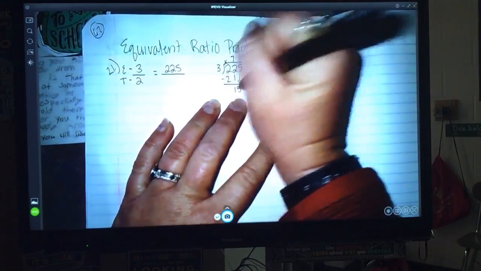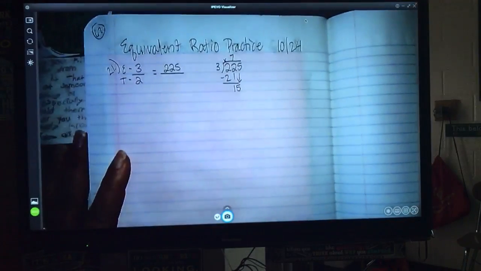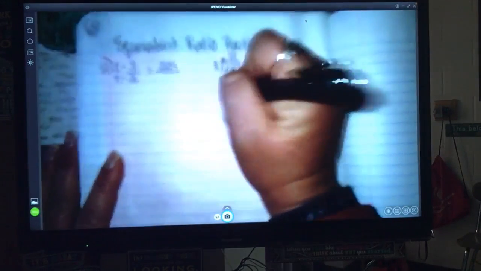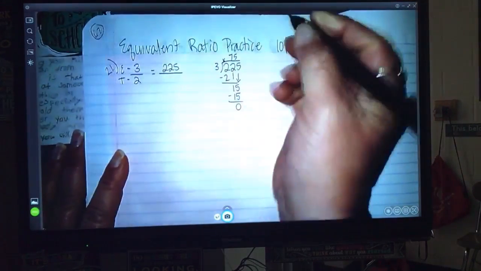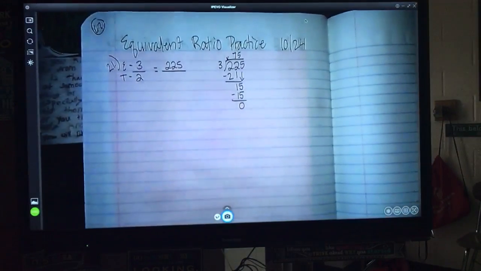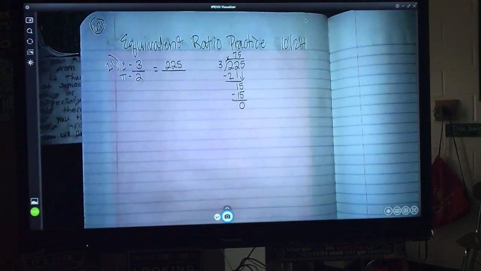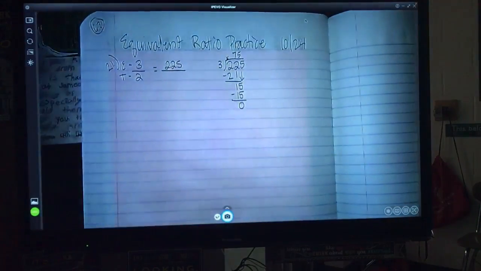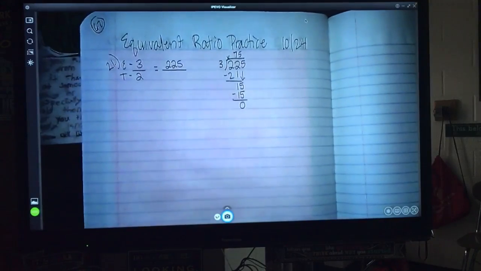How many times can I multiply 3 to get 15? Ronnie. 5. Okay, now 75 is not our answer though. And this is where you have to be careful and understand. So we divided 225 divided by 3 to find out what we needed to multiply by.